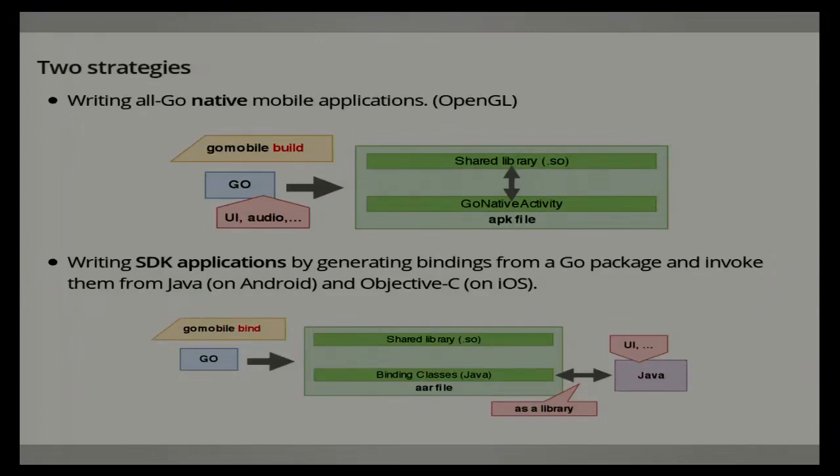In the first case, Gomobile build will generate the APK file, and in the second, you have an AAR file, which you need to import in your Android project.